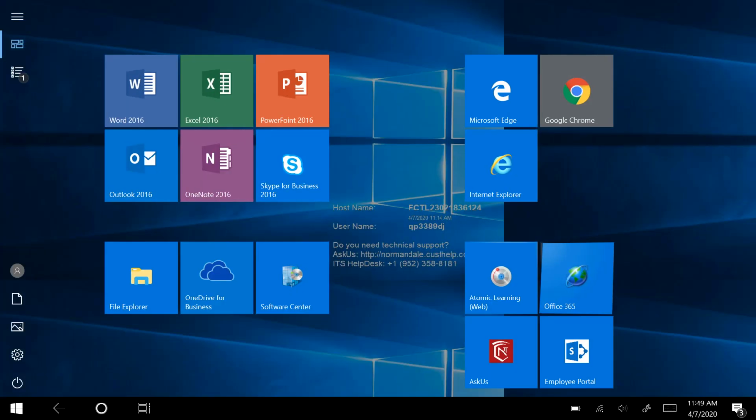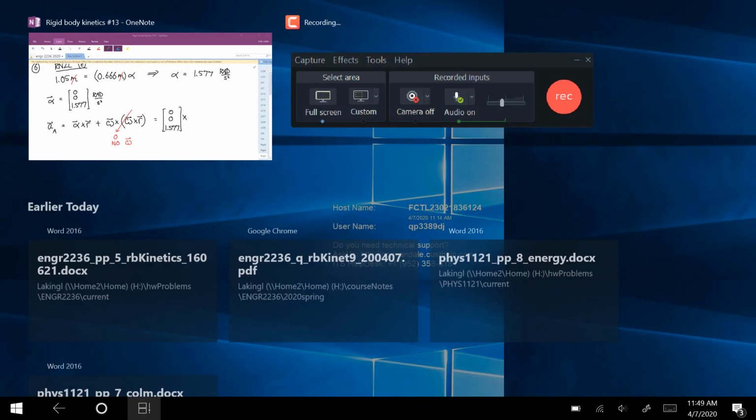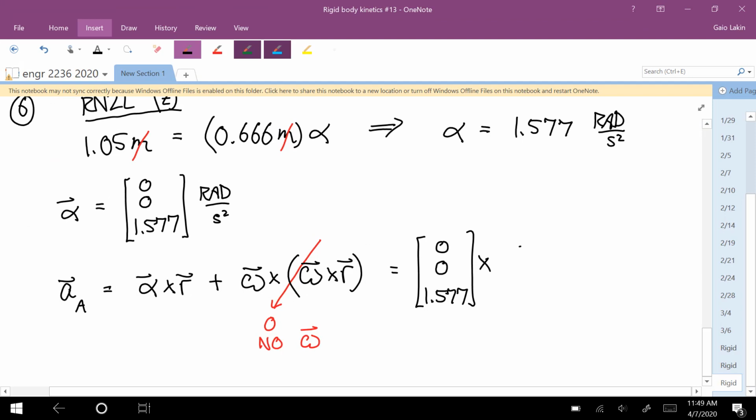So negative 0.4, 1.2, and we get that that point is accelerating, give me a second.